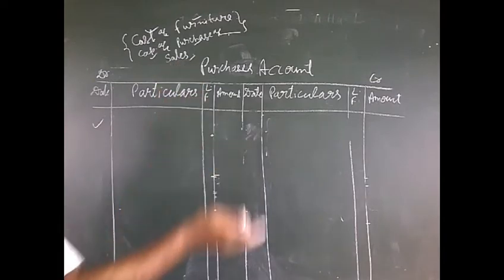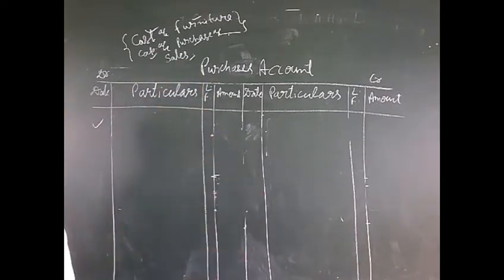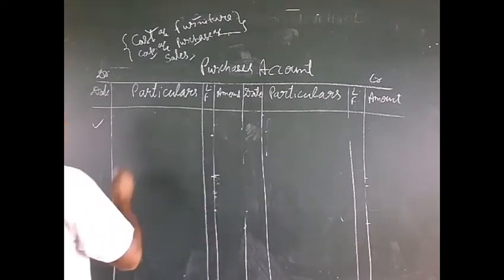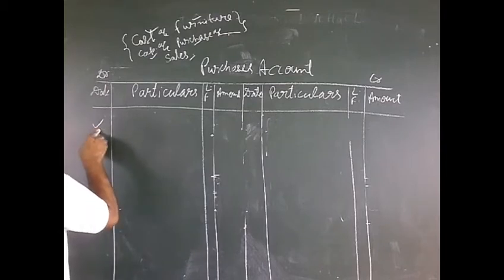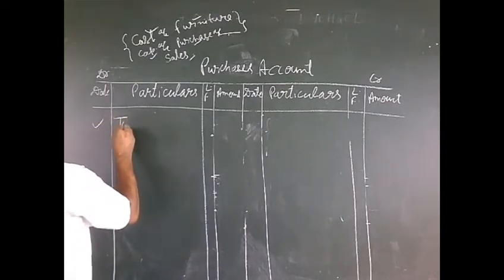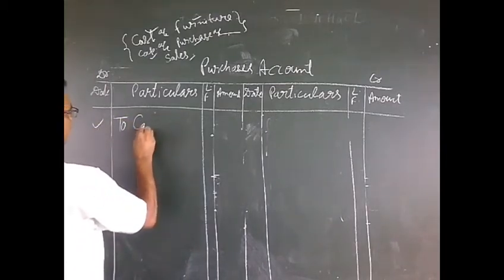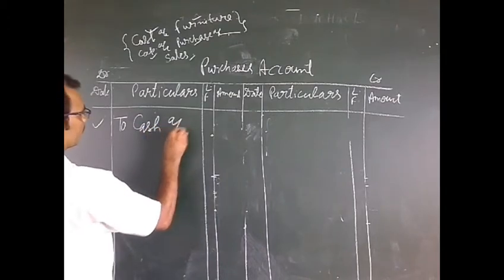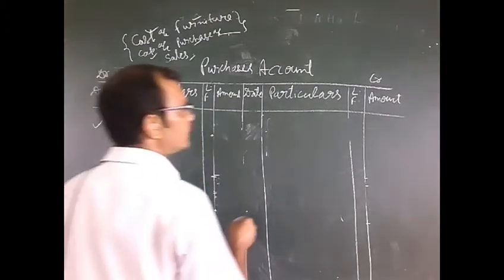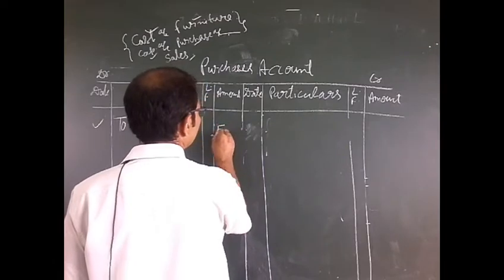Purchases account debit to cash account. In purchases account you cannot write purchase, so you will write cash, and cash is written in credit side, so you will write in the debit side. Here we will enter the date, and we will write here to cash account, and the amount is 50,000.